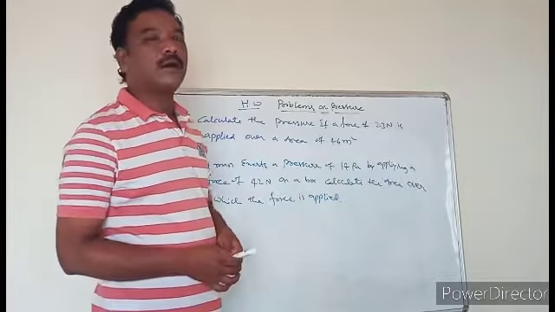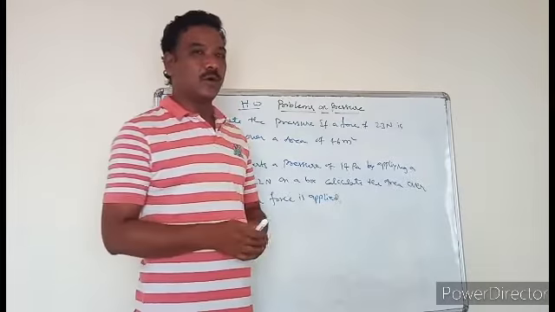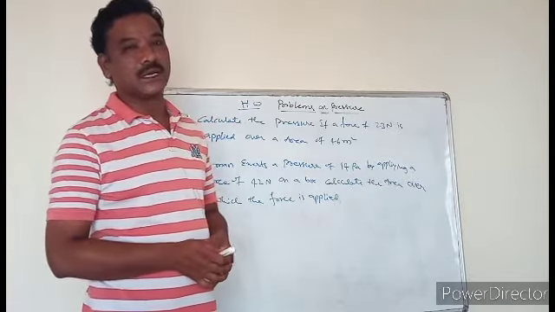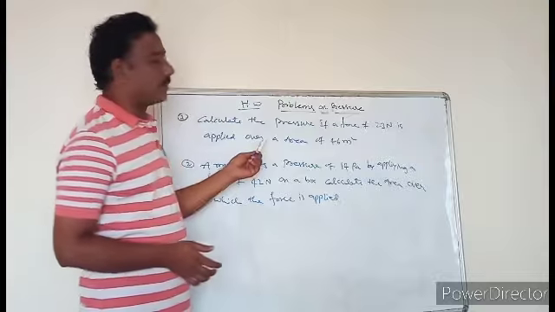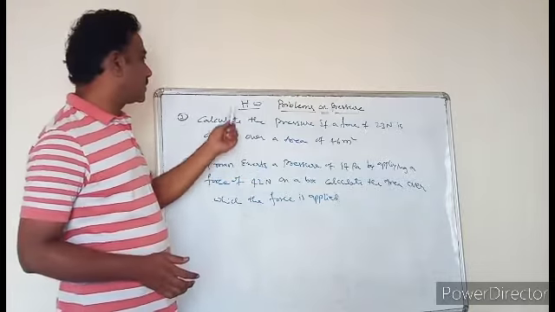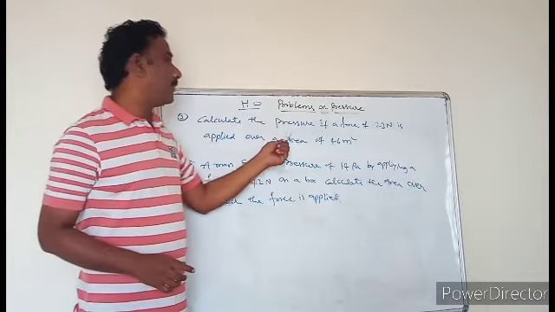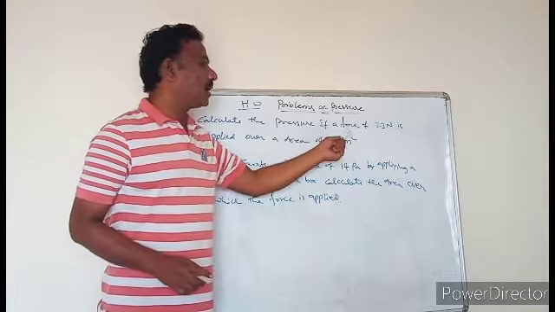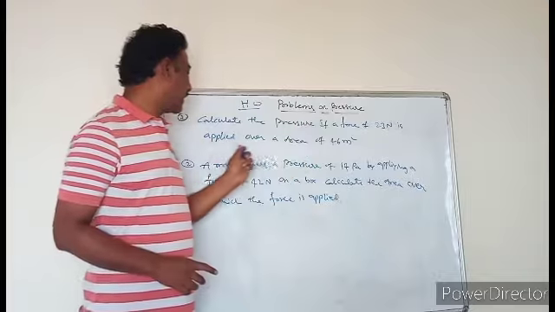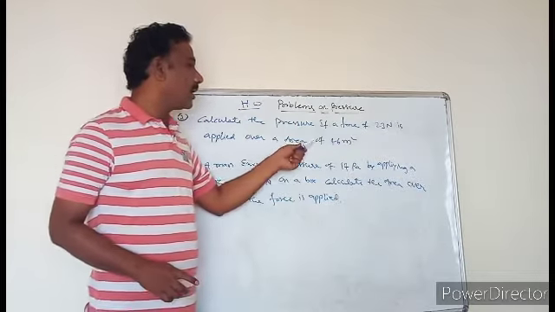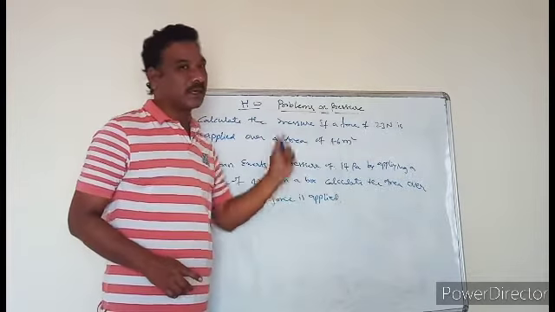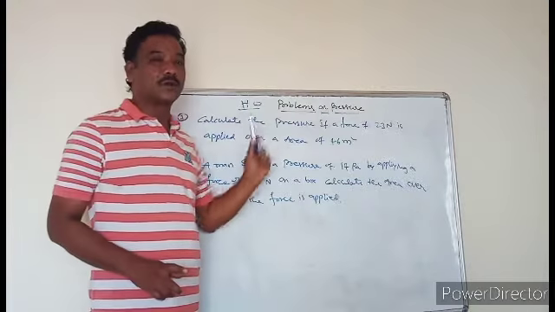Now I would like to give you two homework problems. You can solve these homework problems on your own. Now see the first homework problem. Calculate the pressure if a force of 23 newtons is applied over an area of 46 square meters. Try to solve this problem.